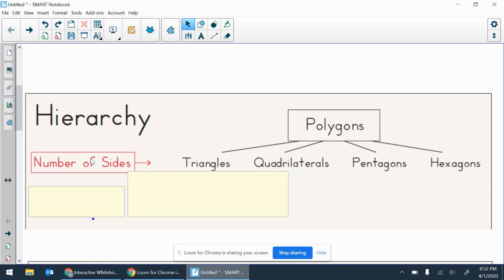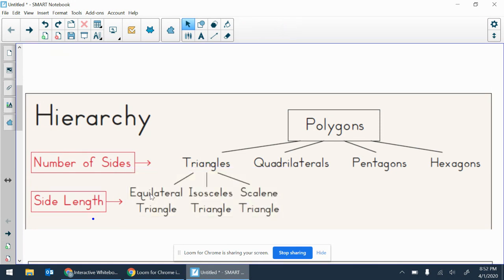Now I told you today we're just talking about triangles. So one of the ways that we can classify those triangles was the side length. Remember all those 3 terms, we had triangles that were equilateral, which means all 3 sides were the same exact length. Isosceles, 2 sides were the same length. And scalene, all sides are different lengths.